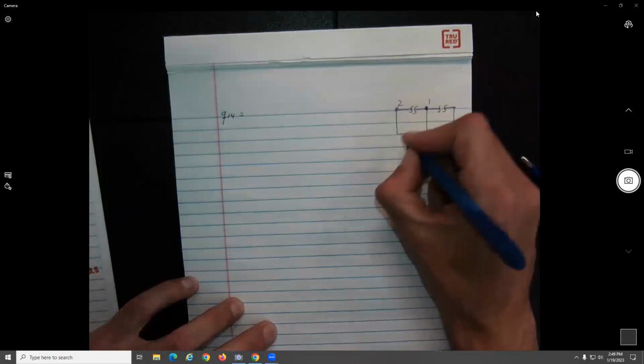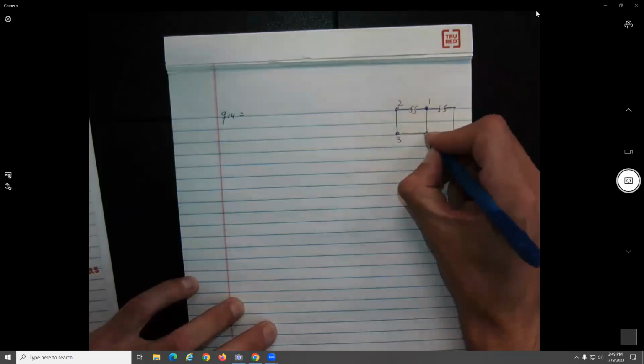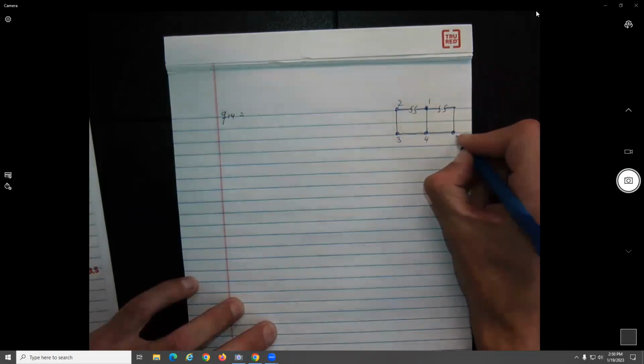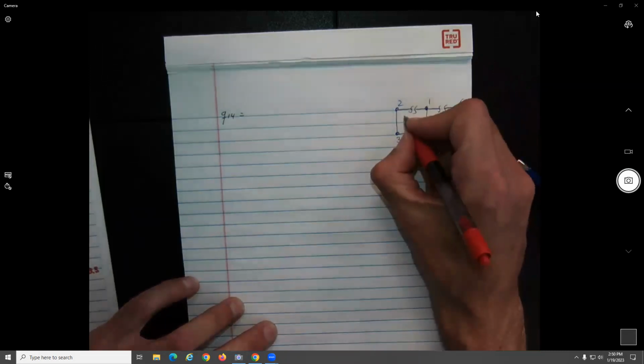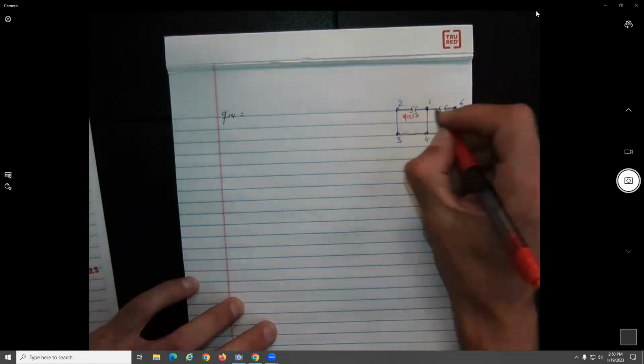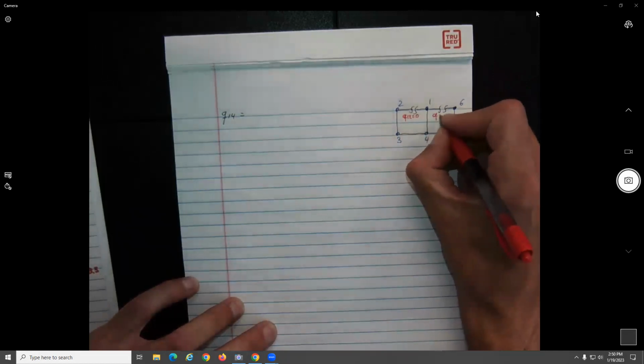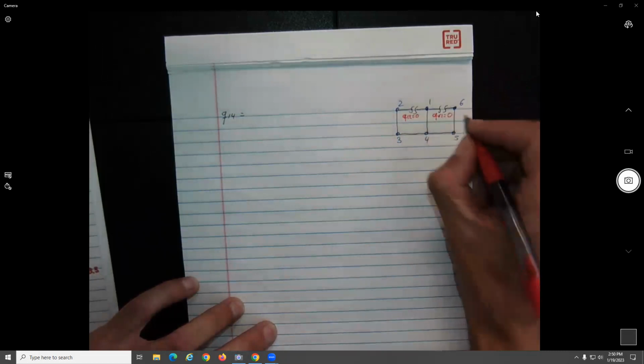One, 2, 3, 4, 5, and 6. And here we know that Q12 is 0, and Q61 or Q16 is equal to 0.